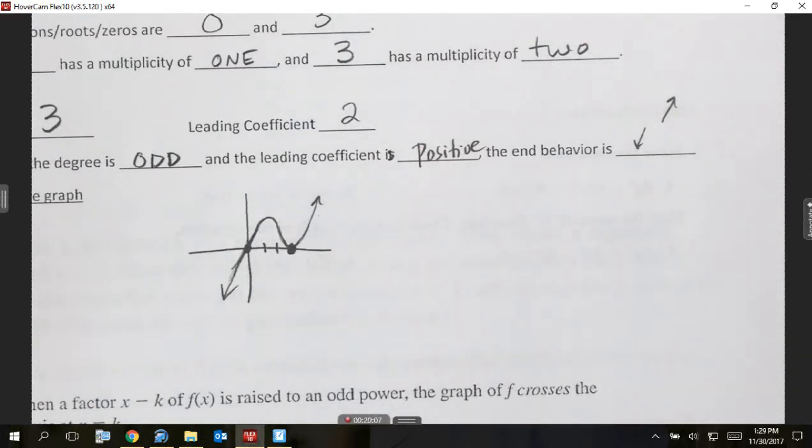Okay, and then let's go ahead and type it in our graphing calculator and check, and type in please the original equation. Don't type in the factored one. Type in the original equation and let's see how good we do. Let's see how accurate we graphed it.